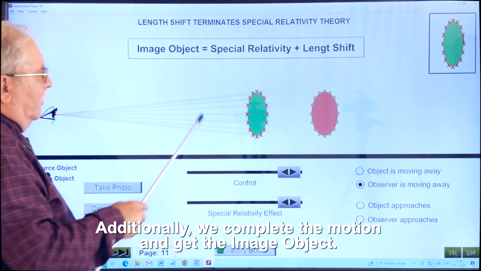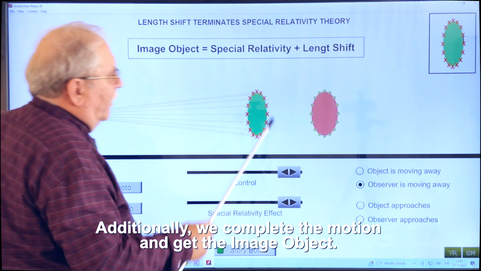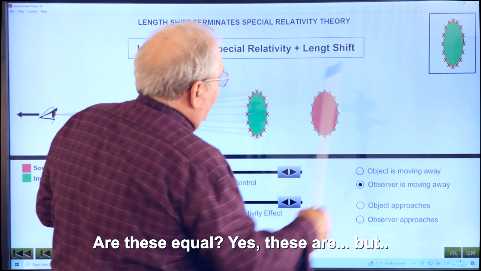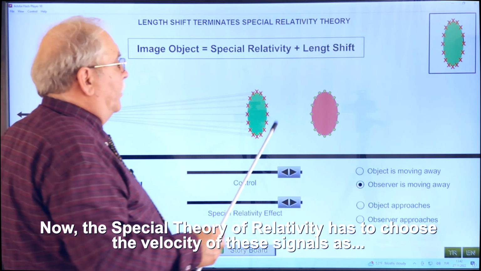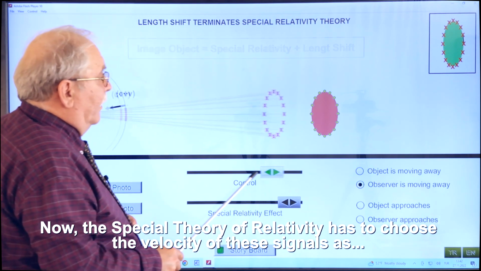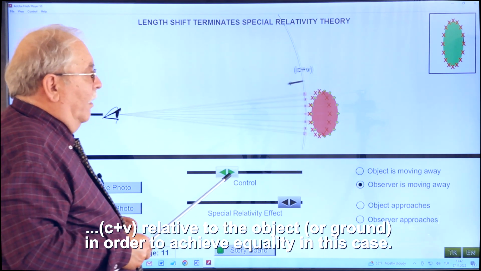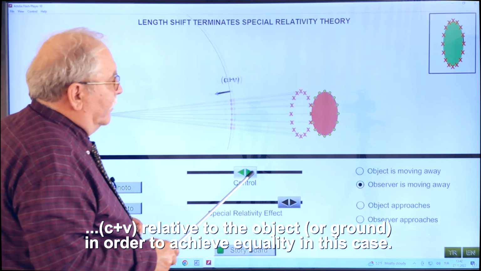Additionally, we complete the motion and get the image object. Are these equal? Yes, these are, but now, the special theory of relativity has to choose the velocity of these signals as c plus v relative to the object, or ground, in order to achieve equality in this case.